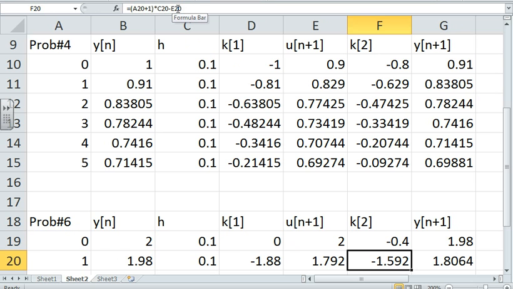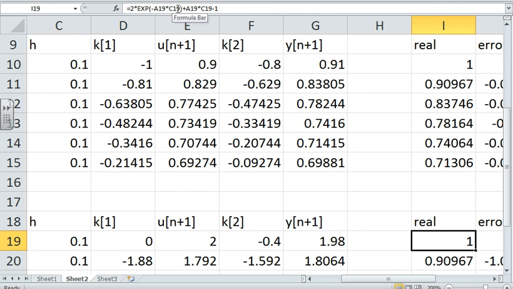Boom. Everybody else stays the same except the real value.